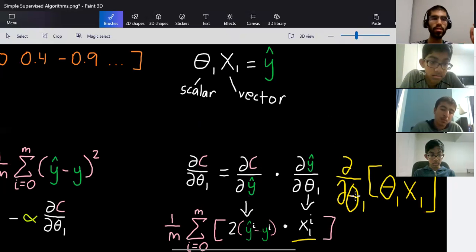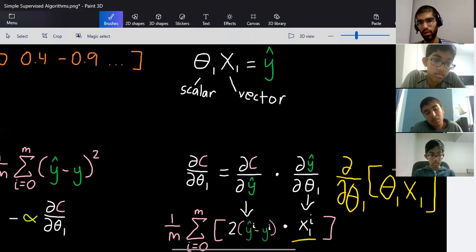And if you think about this, remember what we said in the partial derivatives lesson, you just treat every single other variable like a constant. So it's constant times theta 1. What is the derivative? Well, it's theta 1 raised to the power of 1 times this constant.